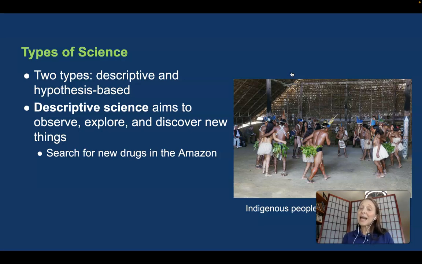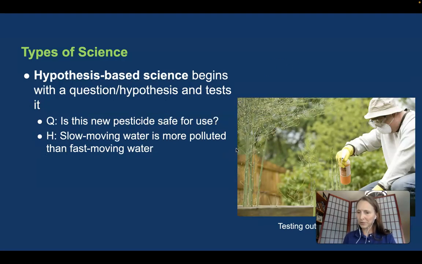Then we can test, using hypothesis-based science, whether that plant species does in fact have some medical potential. So again, descriptive-based science is just as important as hypothesis-based science.